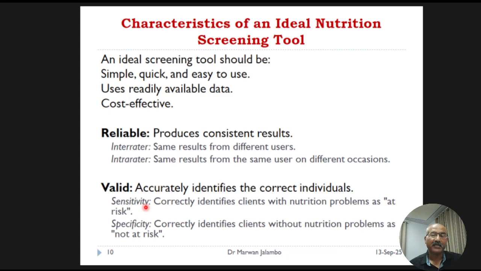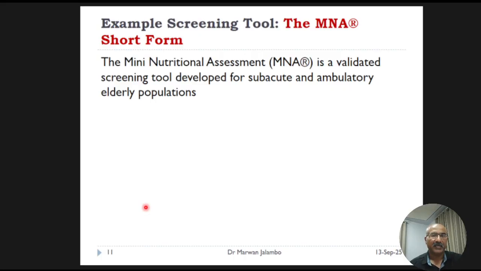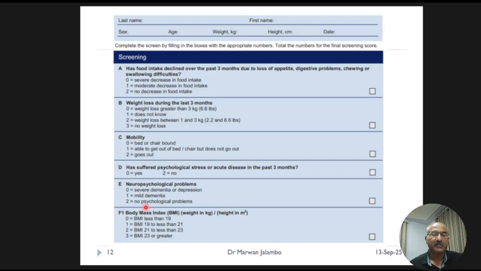So let's look at an example of a widely used screening tool. The MNA, Mini Nutritional Assessment, is a validated screening tool developed for the subacute and ambulatory elderly population. So this is the MNA questionnaire. As you can see, it is a very simple point-based questionnaire. It asks about recent food intake decline and about weight loss.